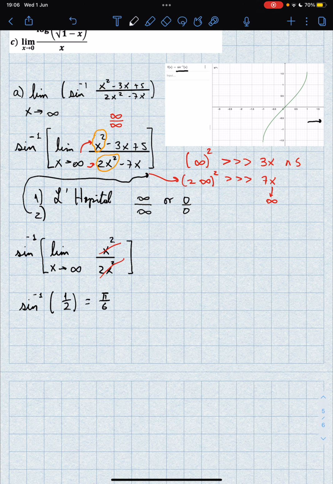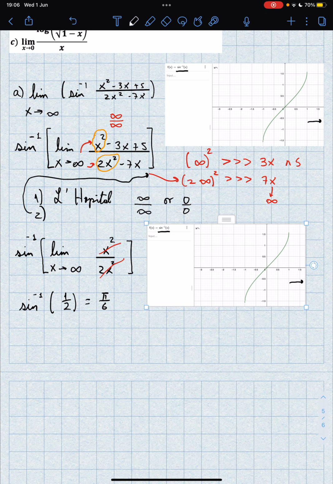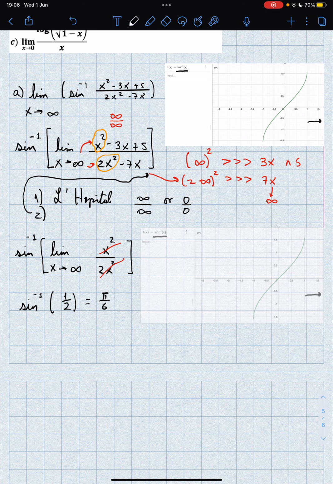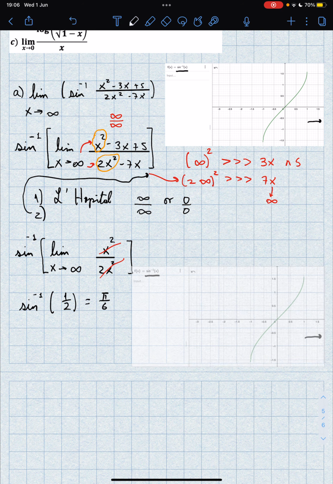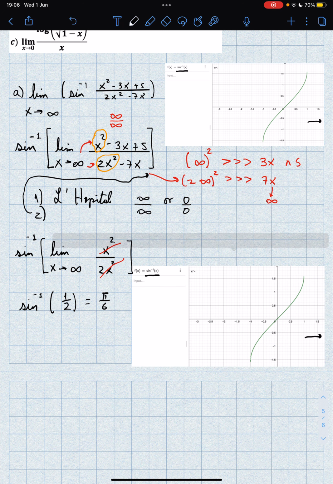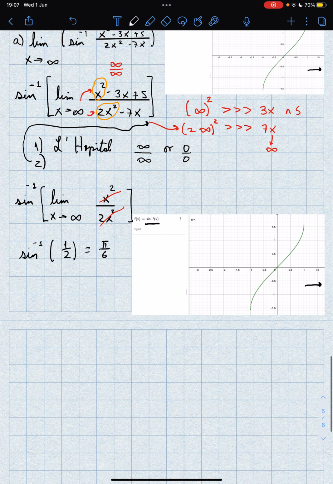And pi over 6 basically is 0.52, right? So I don't know if you can see it. Let me do it here bigger, so you can see it, because in limits you need to understand what's happening, right? So pi over 6, if you go to your calculator, you're going to have 0.52.